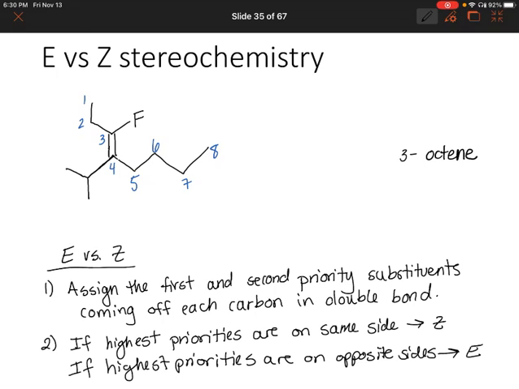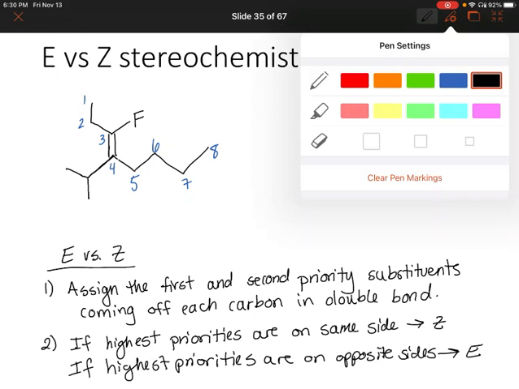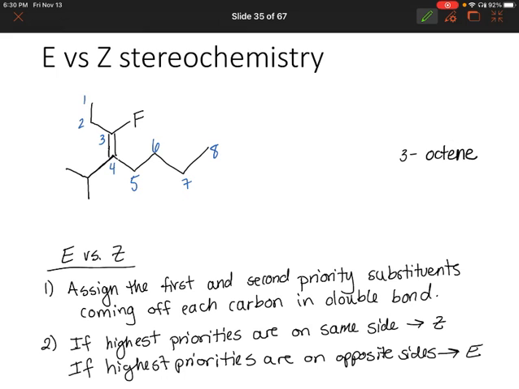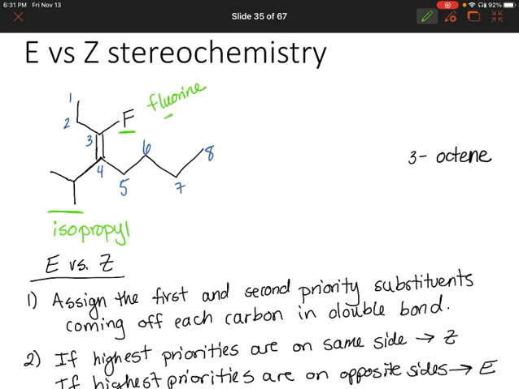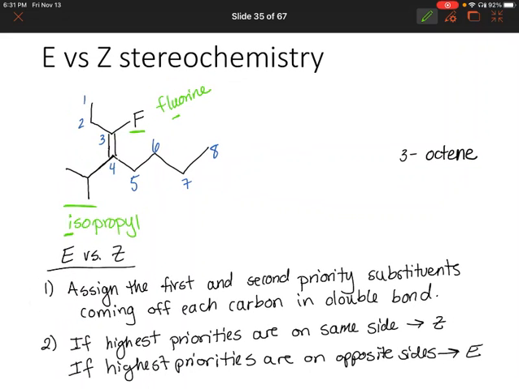So now let's figure out what our substituents are. It looks like we have a fluorine substituent and an isopropyl substituent. And we want to alphabetize these substituents. So what comes first? Does F come first? Oops, I zoomed in. Or does I come first? F comes first.